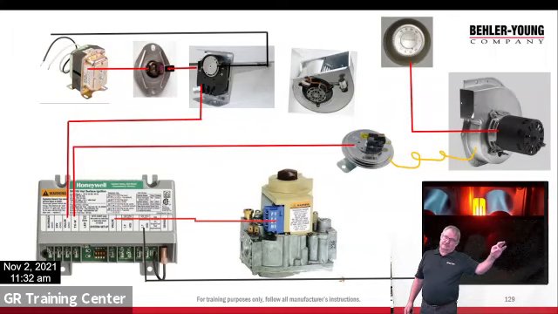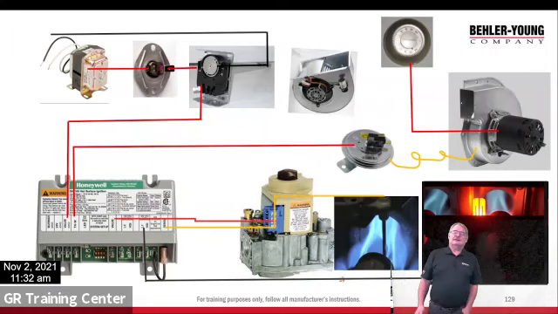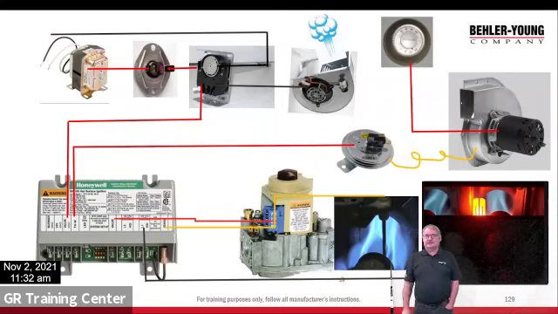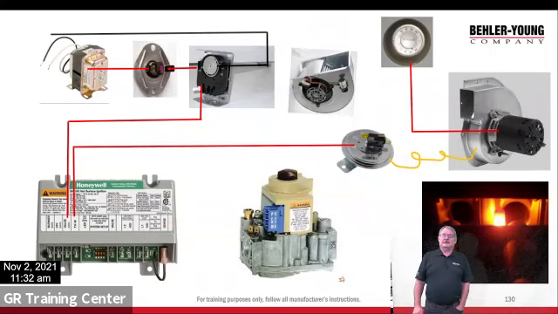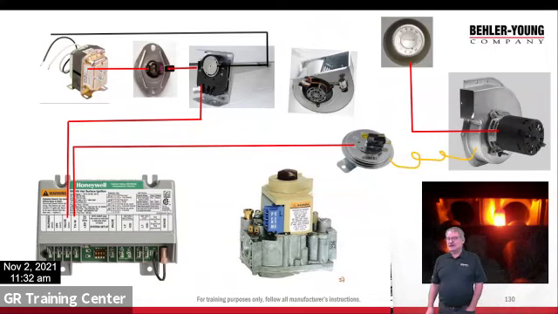The flame rod senses it by carrying voltage through the flame to ground. It tells the module, burner's lit. As the furnace heats up, the fan control turns the blower on. All right. If we never prove flame, it'll lock out.